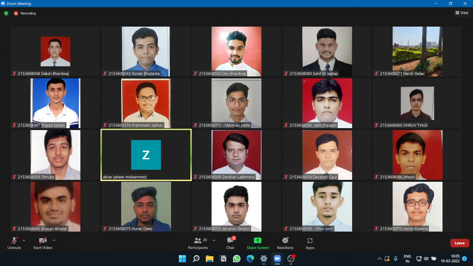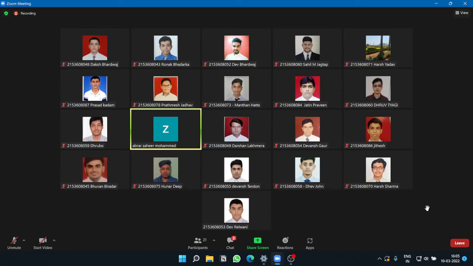So, in the last lecture, we have seen the different De Morgan's theorems, and we have seen the SOP and the POS, and we have seen the conversion of the gray code into the binary and binary to the gray.